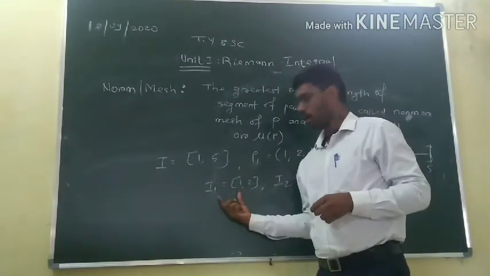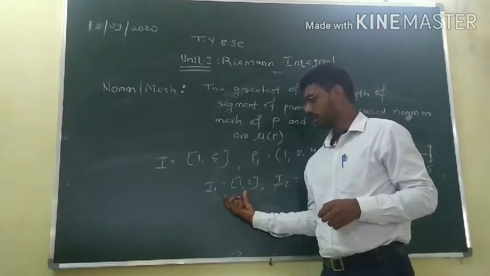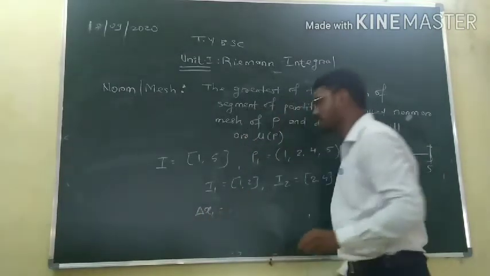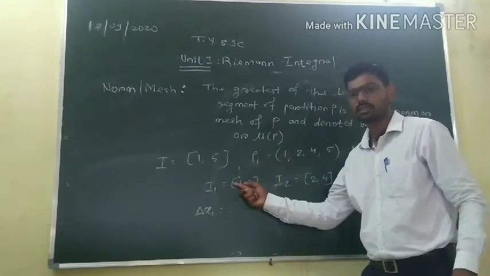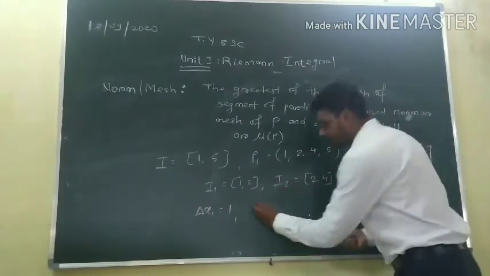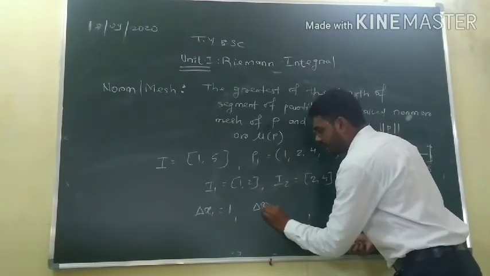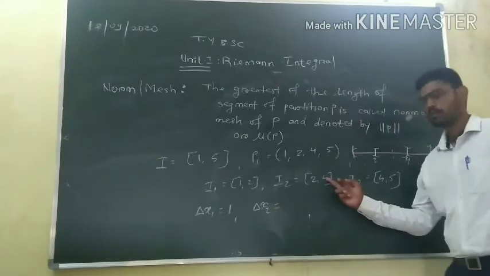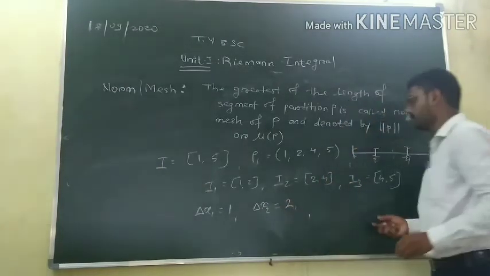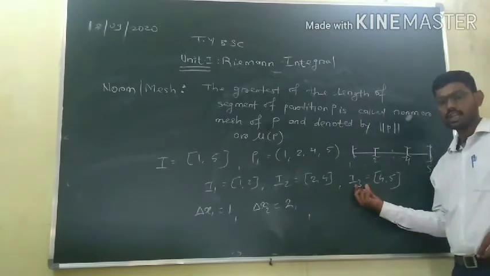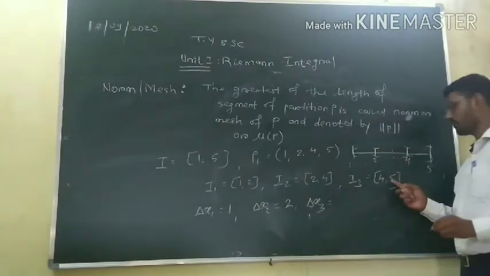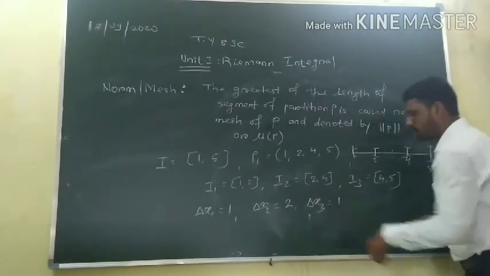We denote the length of the first subinterval I1 as delta x1, which is 2 minus 1, which is 1. The length of the second subinterval is delta x2, which is 4 minus 2, which is 2, and the length of the last segment is delta x3, which is 5 minus 4, which is 1.